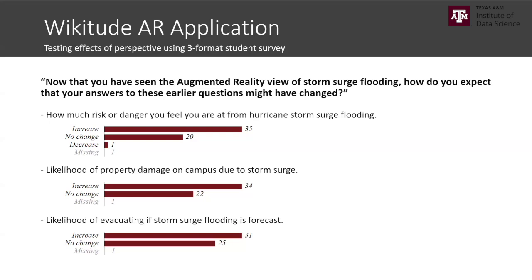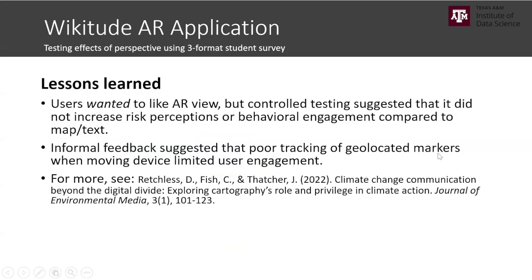So I don't know if they were just really eager to try to please me by saying that, oh yeah, I definitely with the AR view would have answered in a way suggesting higher risk perception or higher likelihood of doing these things. Or if they maybe just really wanted to like the AR view, but perhaps there were some things holding them back from really engaging with it, and that was kind of evident in the more controlled setting earlier in the study.